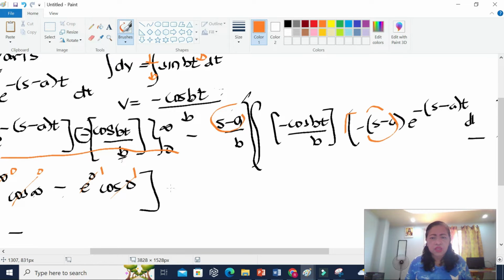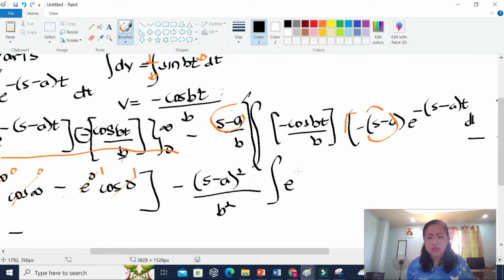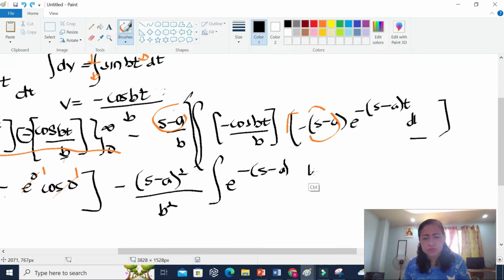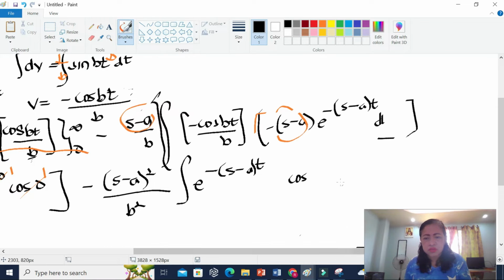So, magiging negative s minus a squared over b squared. Okay na? Tapos, integral ng e to the negative s minus a t cosine of bt dt.